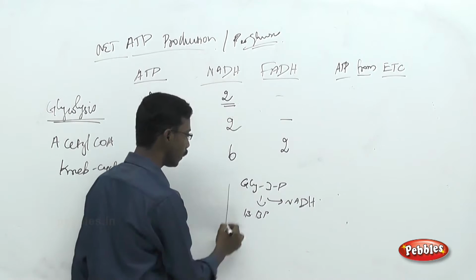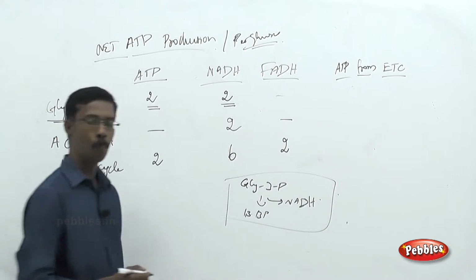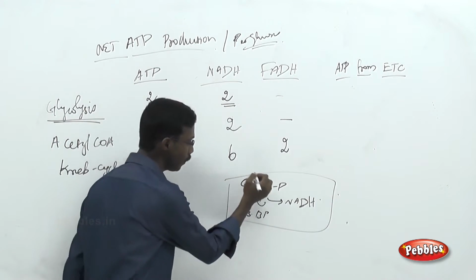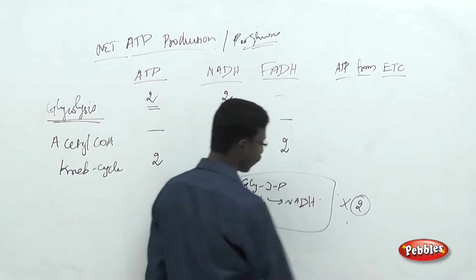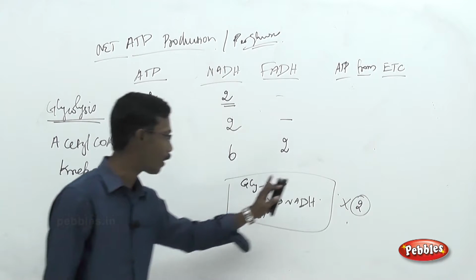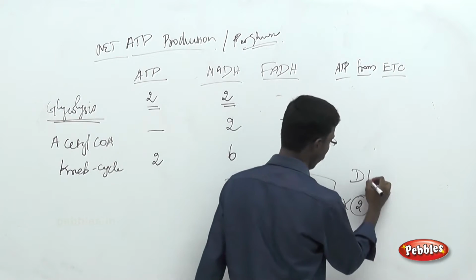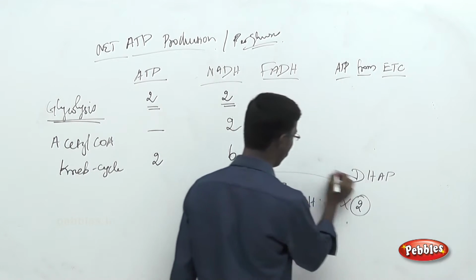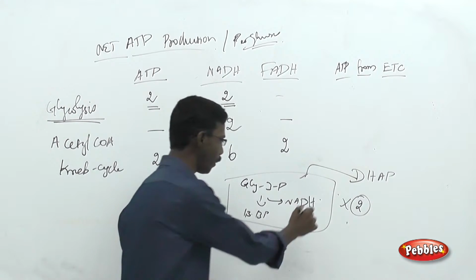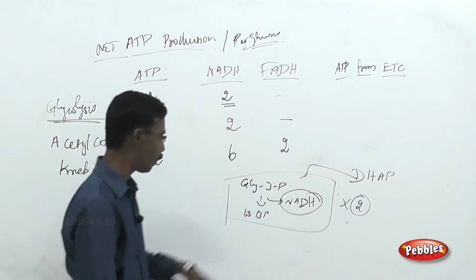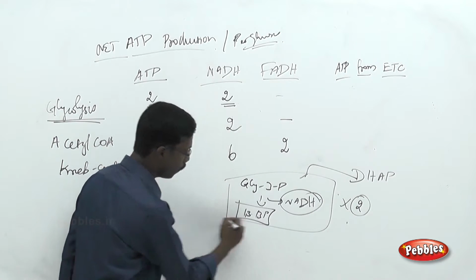Okay, so this is for a single pyruvate or a single site. As I told you, two sites are going to happen. So glyceraldehyde 3-phosphate will be converted into dihydroxyacetone phosphate and back to glyceraldehyde 3-phosphate, and they will release the NADH during the formation of 1,3-bisphosphate.